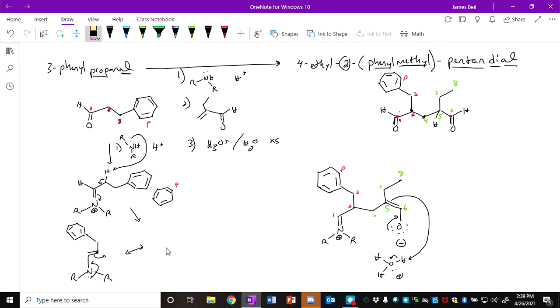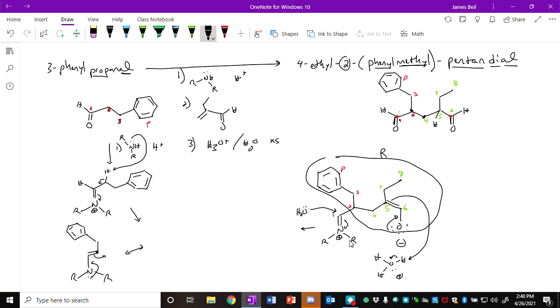So first thing that would happen here would be a water attacking. Since this is already positive, it's not going to pick up an H plus. That would make it even more positive, but electrons would swing out there. I'm going to call this whole thing R, so I don't have to keep drawing it. So that whole thing, R, is connected to carbon 1, where now there's a water and a nitrogen.